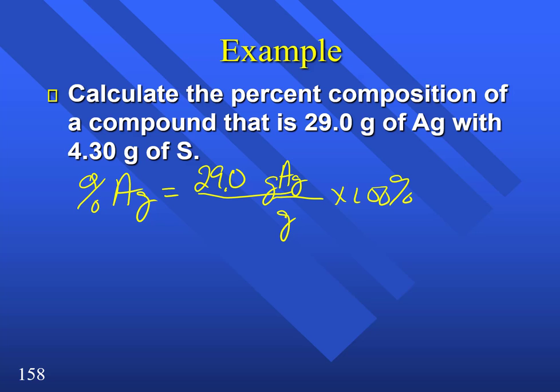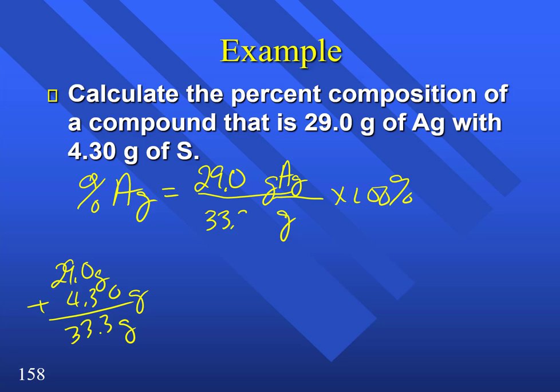How much does the whole compound weigh? Well, it's made up of silver and sulfur, so it's 29.0 grams plus 4.30 grams, which is 33.3 grams. So the whole thing weighs 33.3 grams.